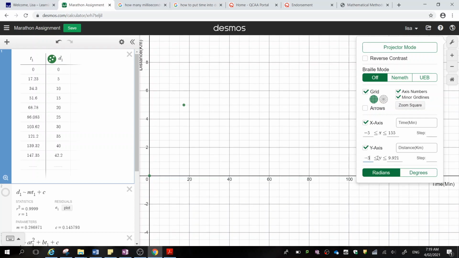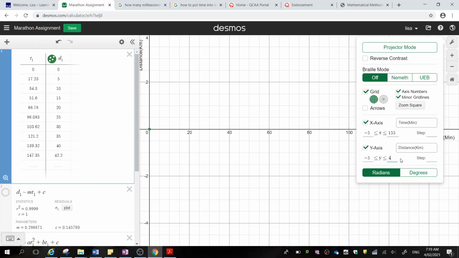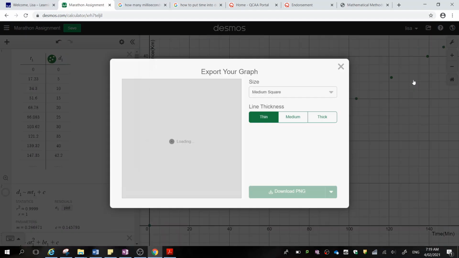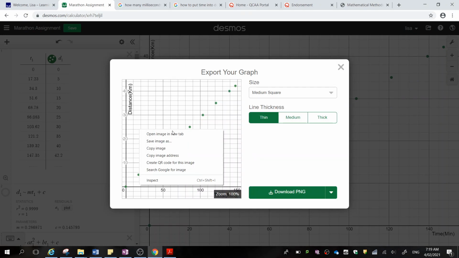And -5 to 45. Okay, and now I can see all of my data is on there nicely. If I want to get a screenshot of this without cutting it, I can go up to this section here where it says share graph, export image, and then normally I right click, copy the image and just paste it in to my Word document.